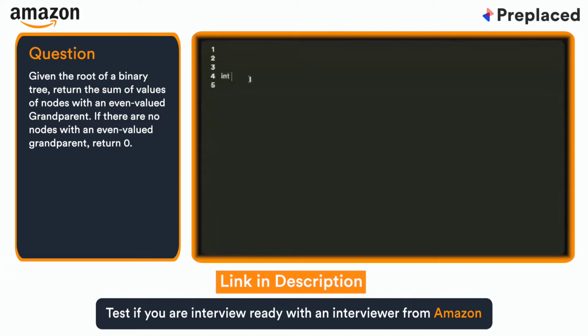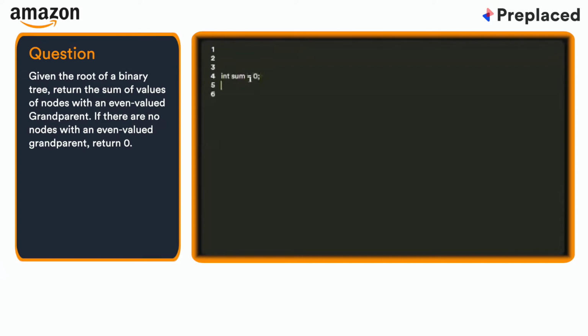So int sum equals zero, which I have to return, and then I will be having a DFS call which will be taking my current node, its parent, and its grandparent.